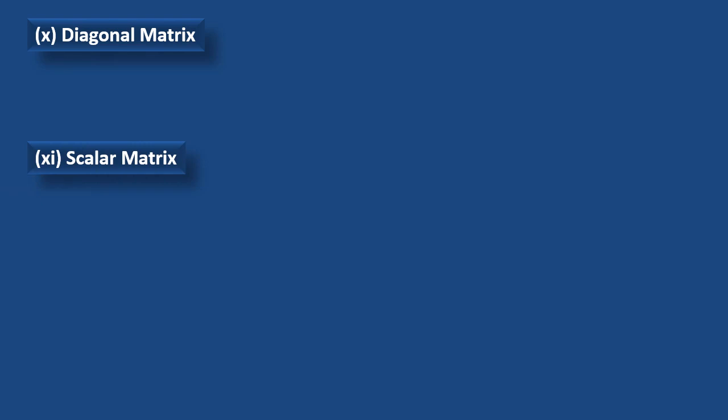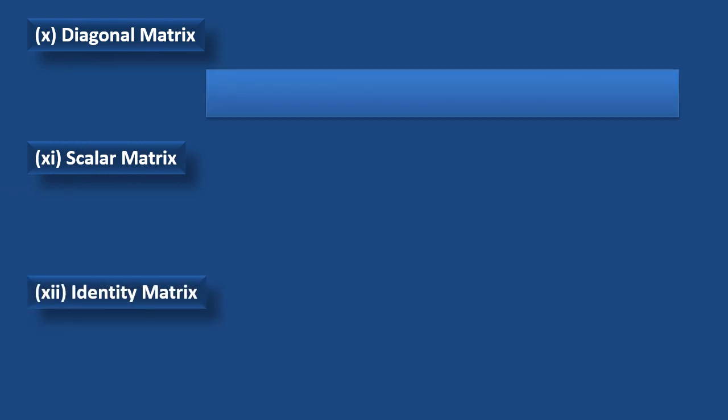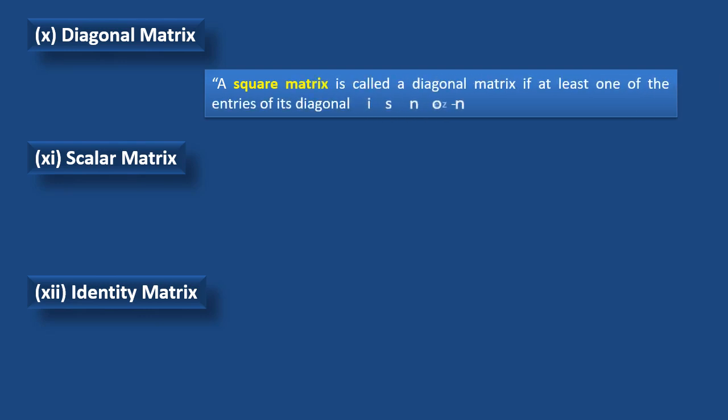The last three properties of matrices are very important, which are diagonal matrix, scalar matrix, and identity matrix. A square matrix is called a diagonal matrix if at least one of the entries of its diagonal is non-zero, while all the other entries are zeros.